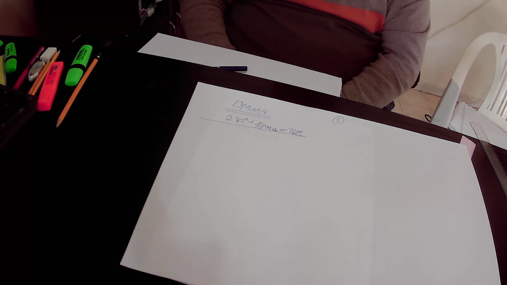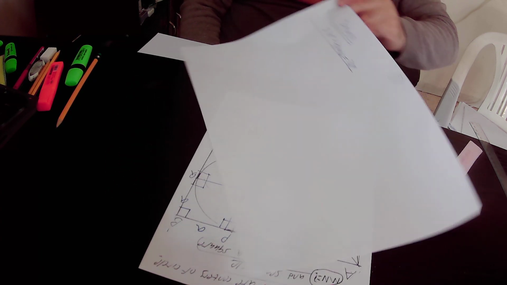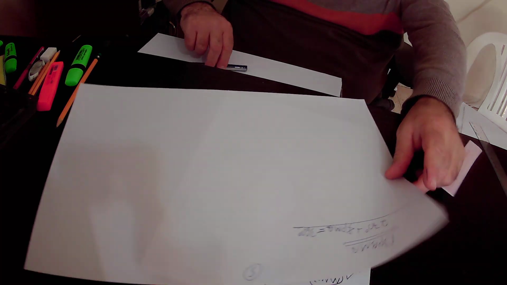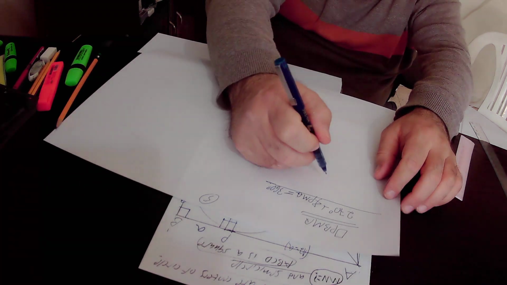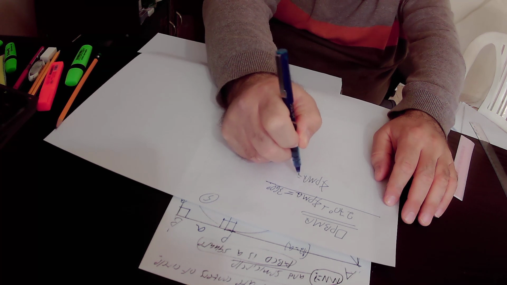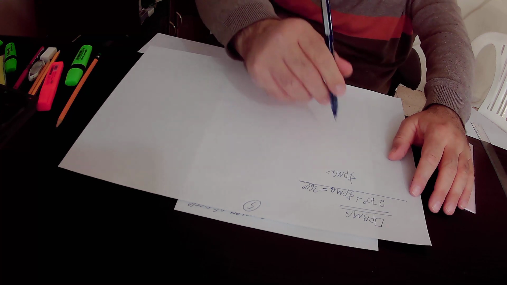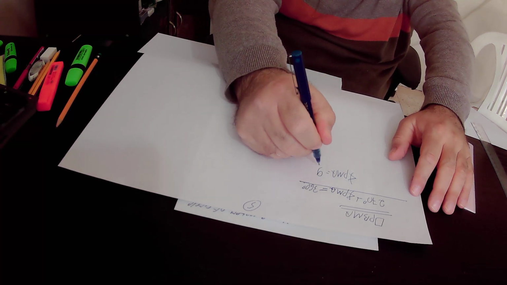We'll subtract 270 degrees from this equation, and we get that angle PMQ, the missing angle, is equal to 360 degrees minus 270 degrees. It is 90 degrees.